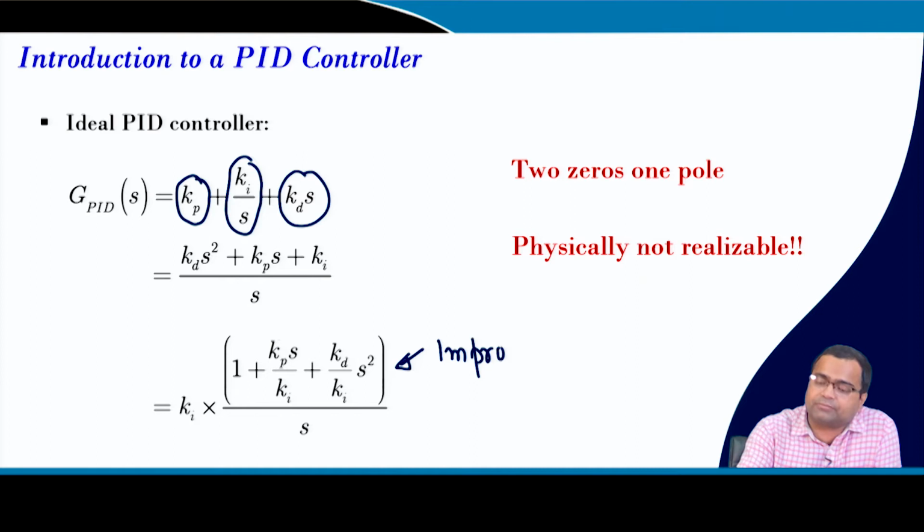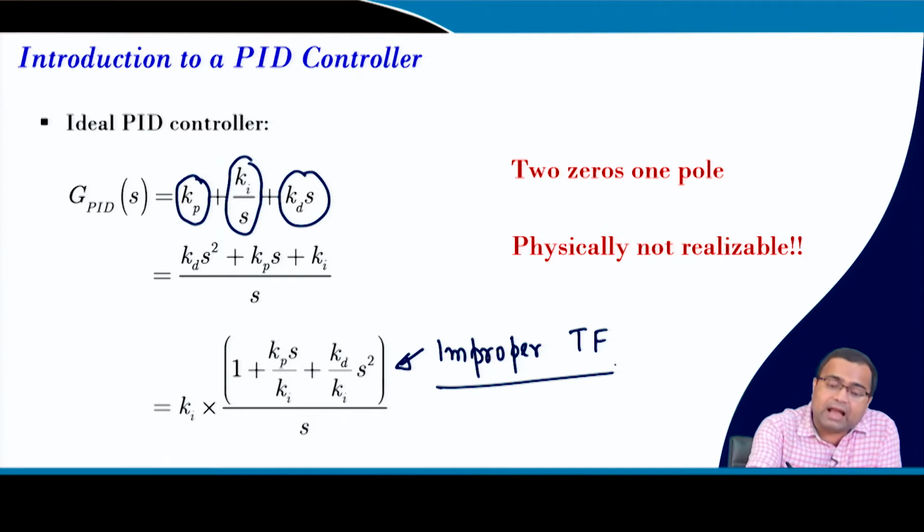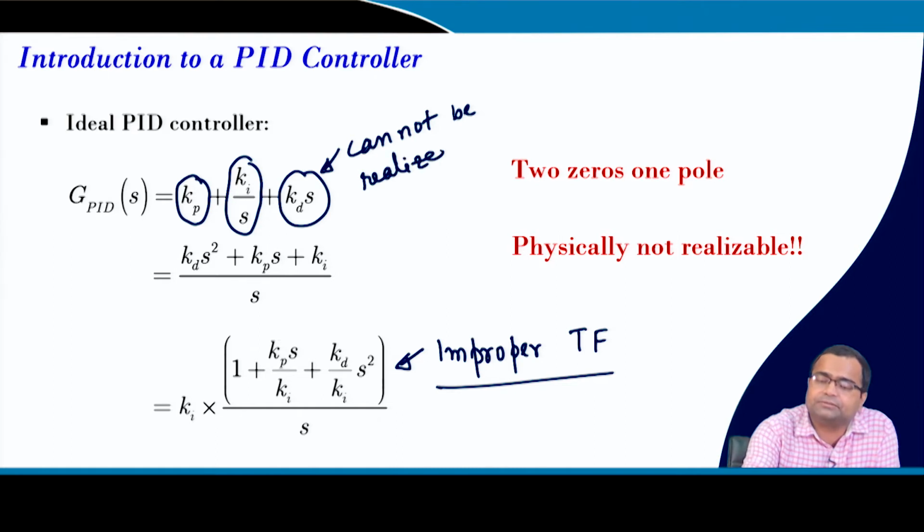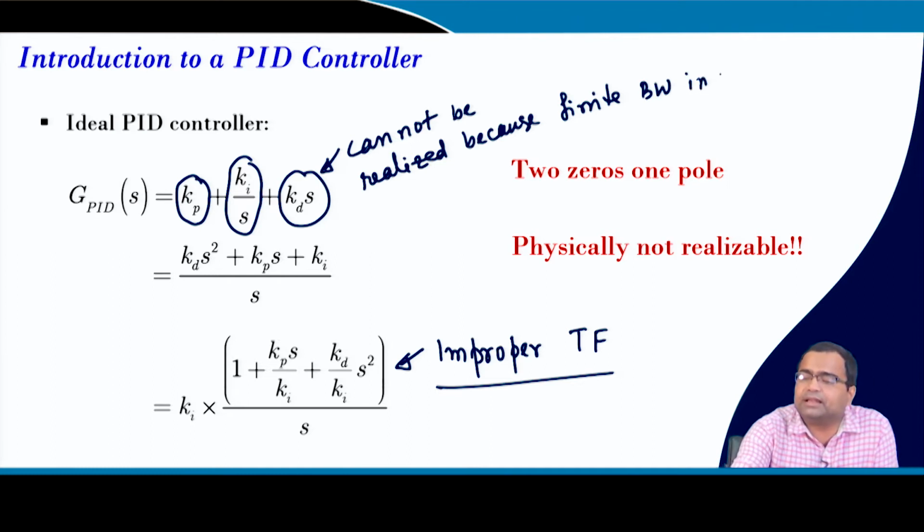In fact, an ideal derivative cannot be realized because of the finite bandwidth in an op-amp. So, it cannot be realized.